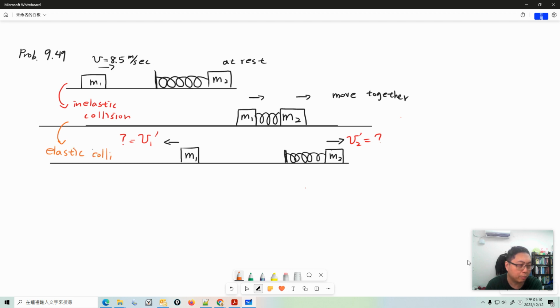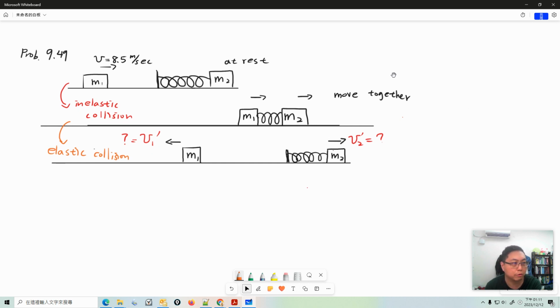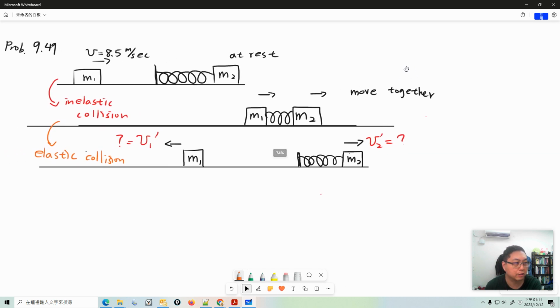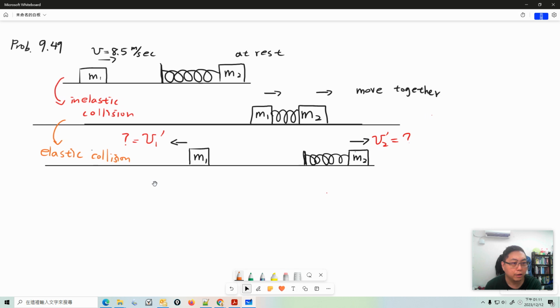I think this problem should tell you if the second part is an elastic collision. Maybe he thinks, okay, this is a spring here, so the second part should be an elastic collision. But I don't think that's really true.